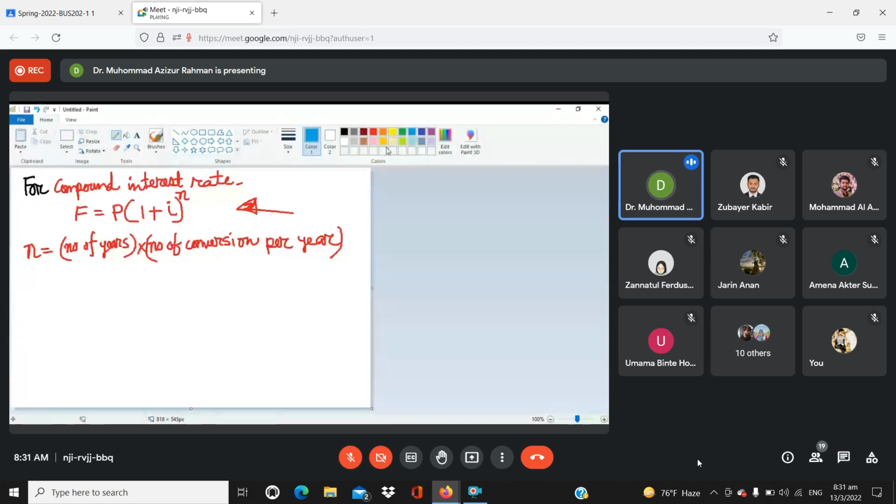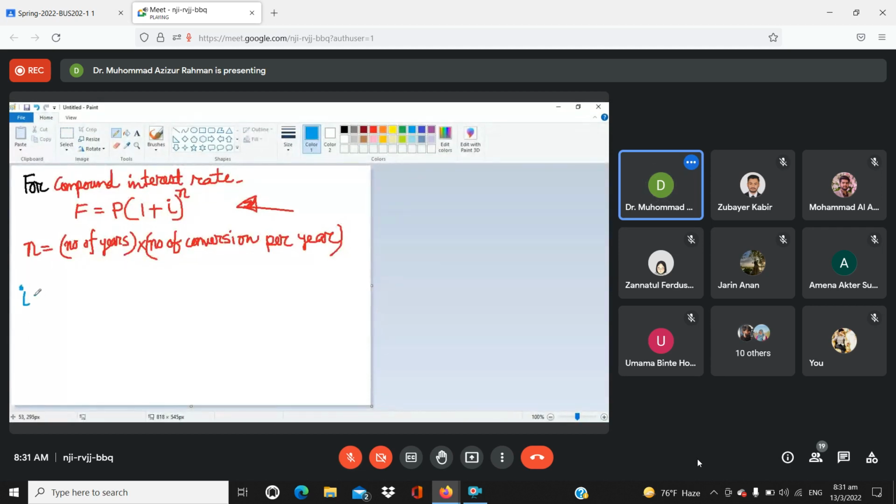And your interest rate i equals nominal rate per year, that means the usual rate, what we know, divided by number of conversions per year. Since you are converting, you have to divide.